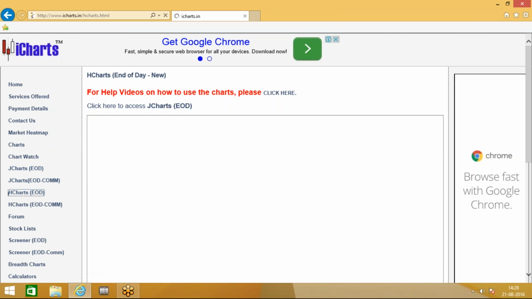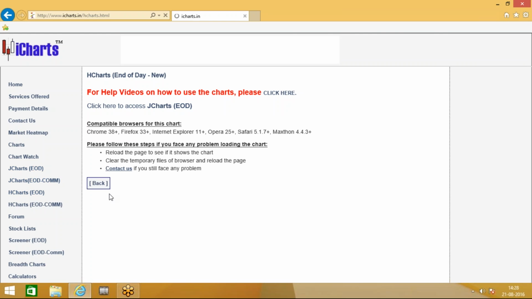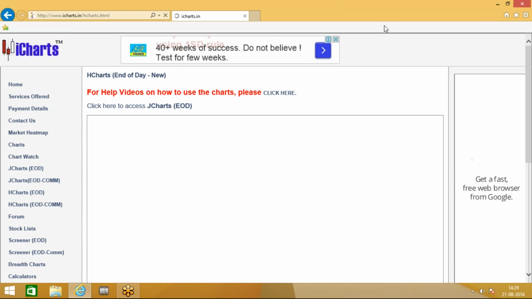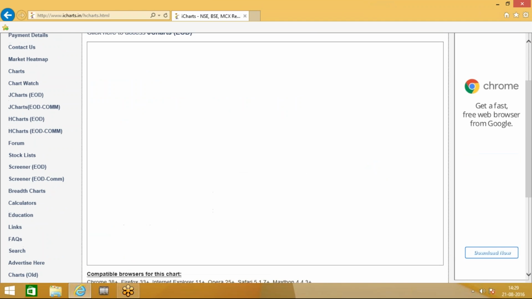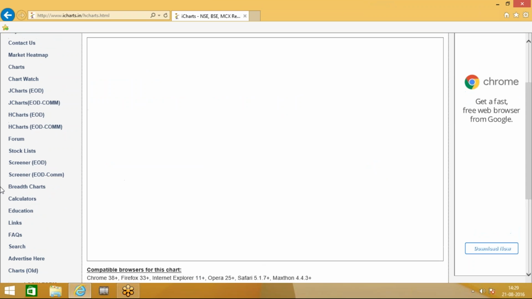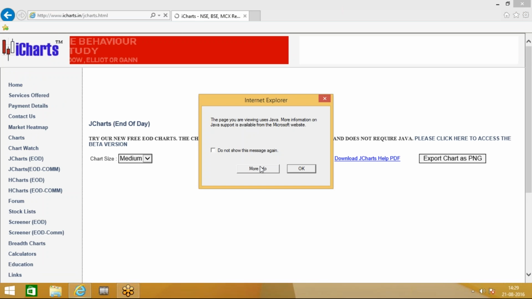Let me see if the chart works. I will show you the current chart, if you can see my screen. Just give me a minute, I'm trying the charts.